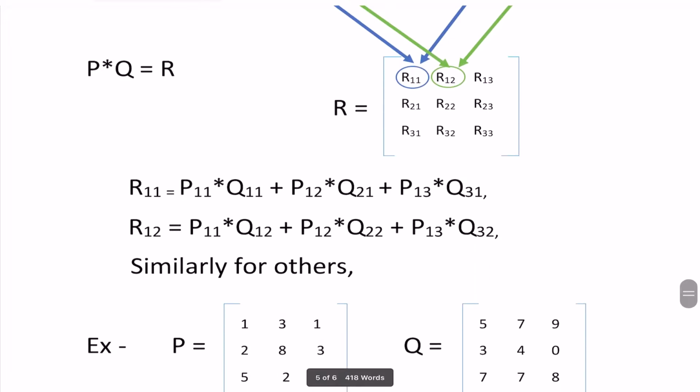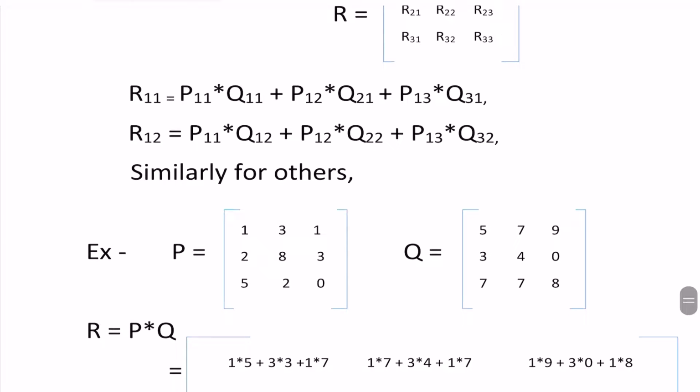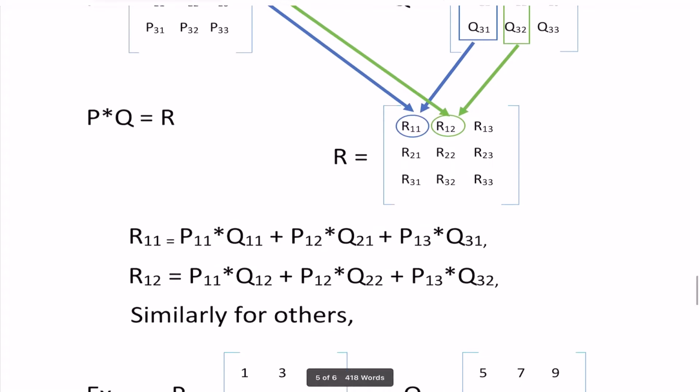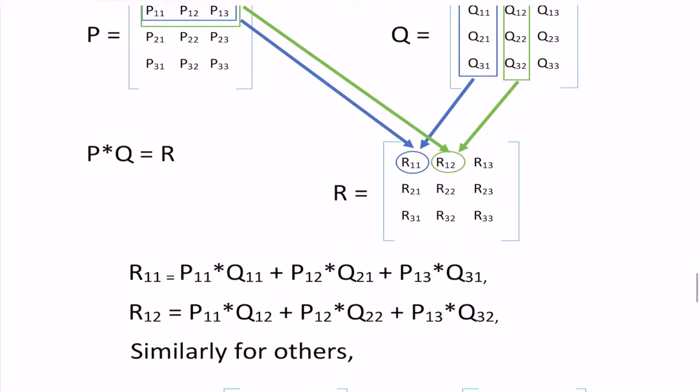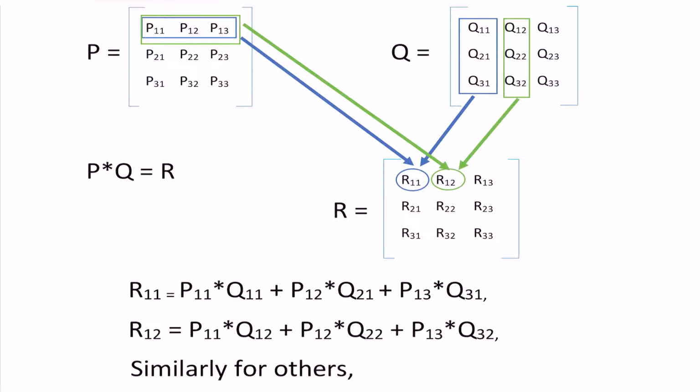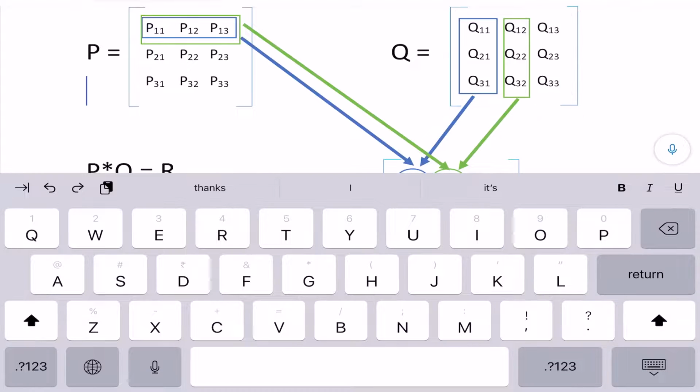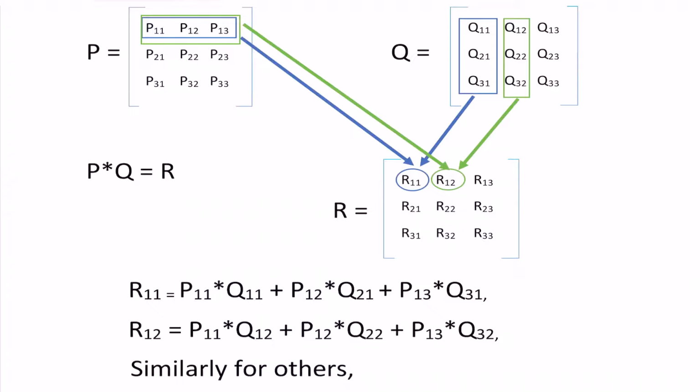As you can see, R11 is equal to P11 into Q11 plus P12 into Q21 plus P13 into Q31. As you are seeing, P11 is multiplied with Q11, P12 is multiplied with Q21, and P13 is multiplied with Q31.